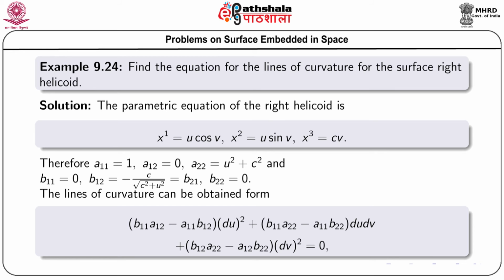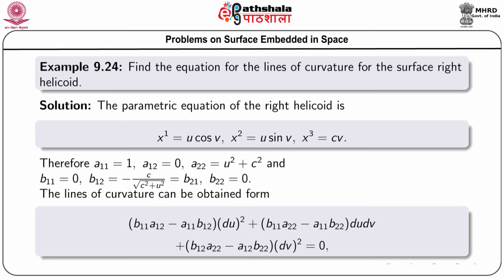Just before we have obtained these values, again for x1 equal to u cos v, x2 equal to u sin v, x3 equal to cv: a11 equals 1, a12 equals 0, a22 equals u square plus c square, and the coefficients of the second fundamental form, B11 equal to 0, B12 equals minus c by root over c square plus u square, and B22 equals 0. So, with the help of these values, we can find the equation for the lines of curvature.